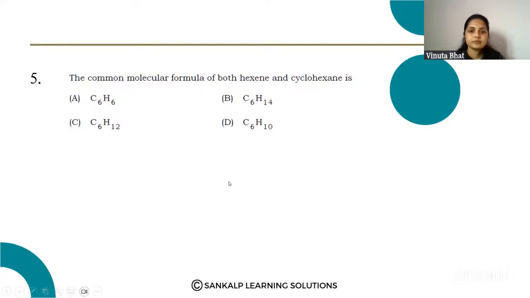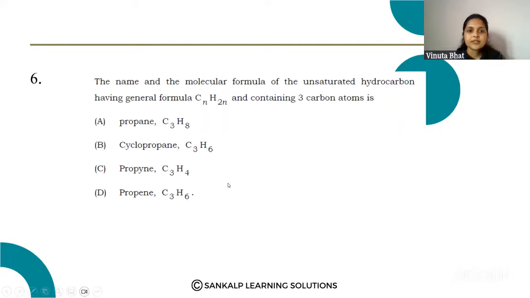Next question. The name and molecular formula of the unsaturated hydrocarbon having general formula CnH2n and containing 3 carbon atoms is... Unsaturated hydrocarbon, which is having the formula CnH2n.